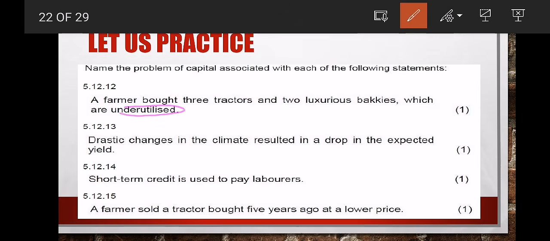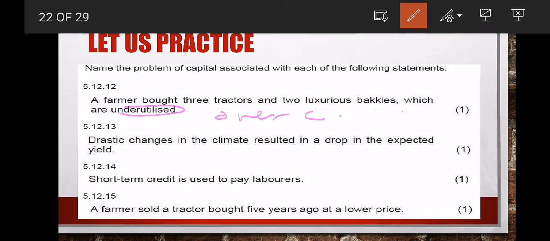They are underutilized. It means the farmer has invested more into the business than what the business requires, hence we say it's underutilized. So we can say it's over capitalization.